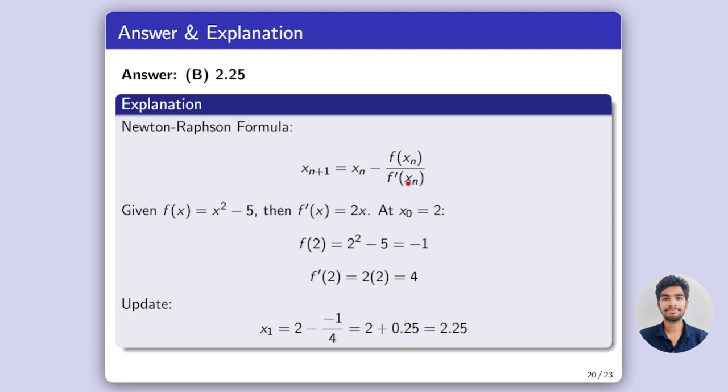So x of n plus 1 is equal to xn minus f of xn by f dash of xn. Here this is the formula for the Newton-Raphson method. He applied this formula, then substituted the equation. After substituting the values, he got 2.25.